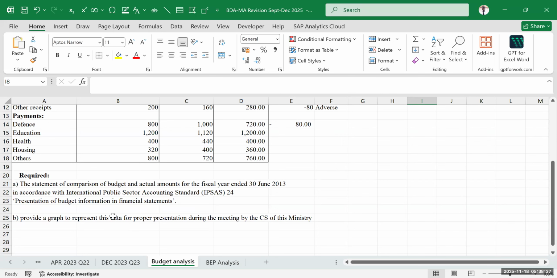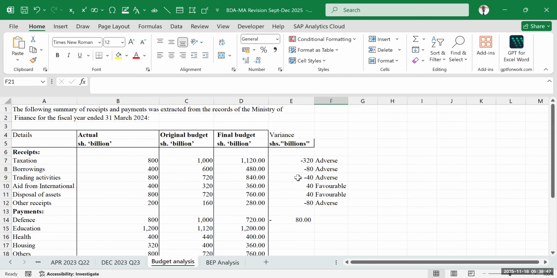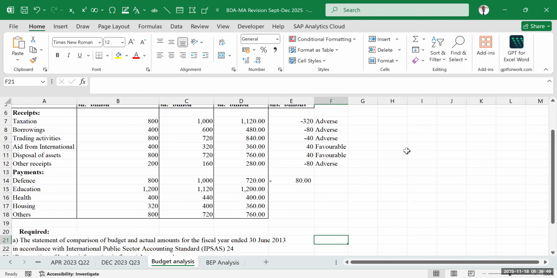I guess that was August 2024. If you can get that paper, you check on that budget question, you realize there was a direct question by the examiner asking you to use a logical function. So I'm here letting you know how to use logical function.